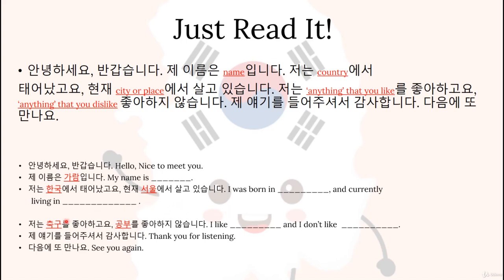Yes, I am currently living in Seoul, the capital of Korea. 저는 축구를 좋아하고요, which means I like soccer or football. 공부를 좋아하지 않습니다, and I don't like to study. I don't like studying actually. 제 얘기를 들어주셔서 감사합니다. Thank you for listening. 다음에 또 만나요. See you again.